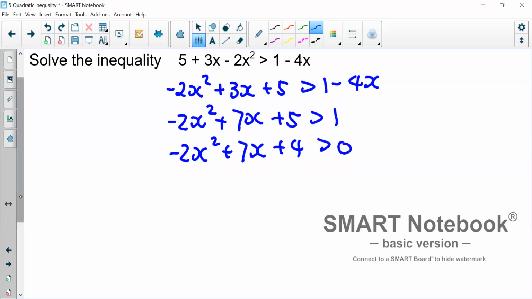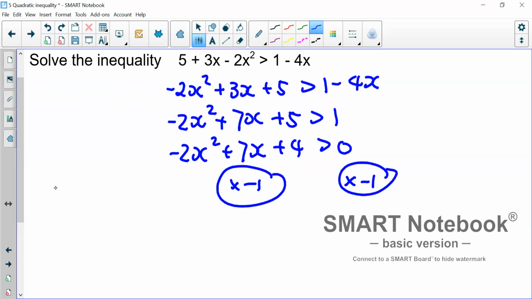Okay, so we could solve the inequality from that, and then we just have to deal with a quadratic equation with a negative coefficient. Or what we could do is multiply both sides by minus 1.